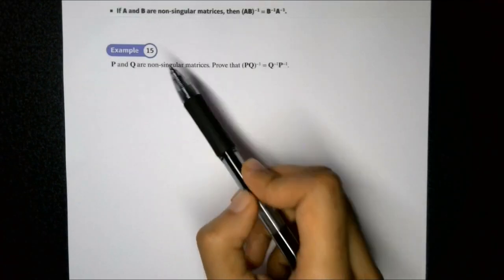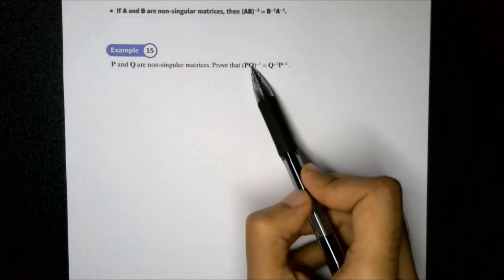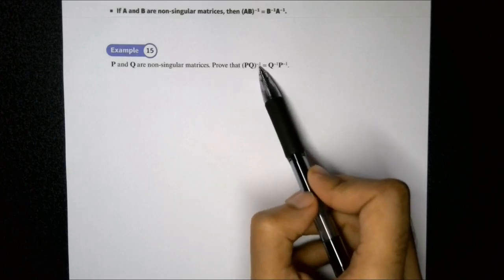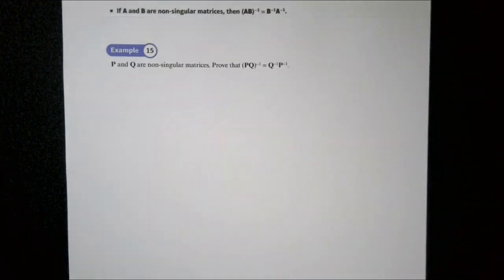We have P and Q, which are non-singular matrices, and we have to prove that the product of PQ inversed is equal to the inverse of Q times by the inverse of P.